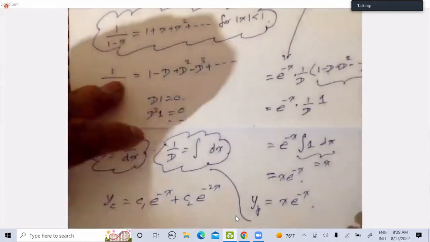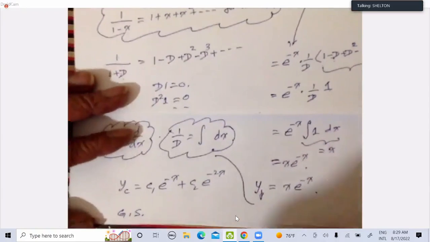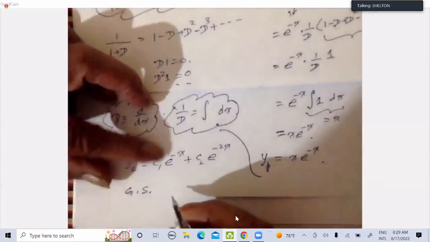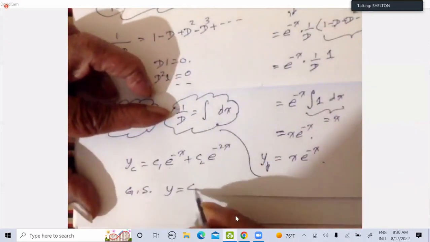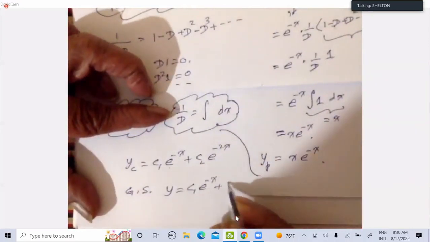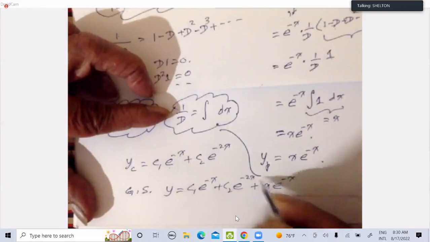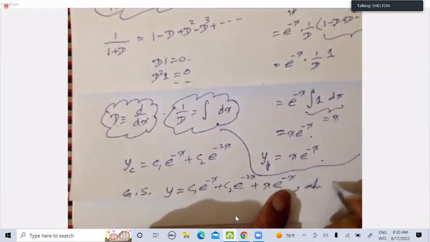Therefore, the general solution of the given equation is y equals yc plus yp: C1 e to the minus x plus C2 e to the minus 2x plus x e to the minus x, where C1 and C2 are arbitrary constants.